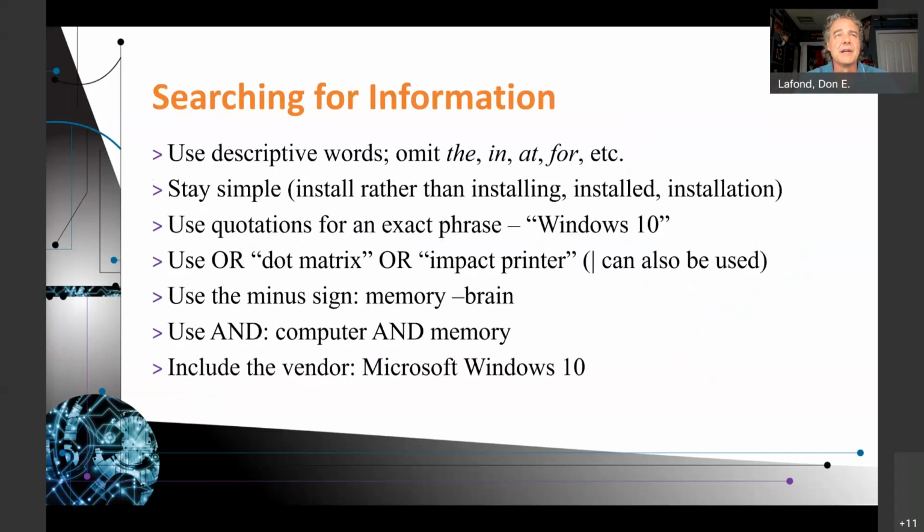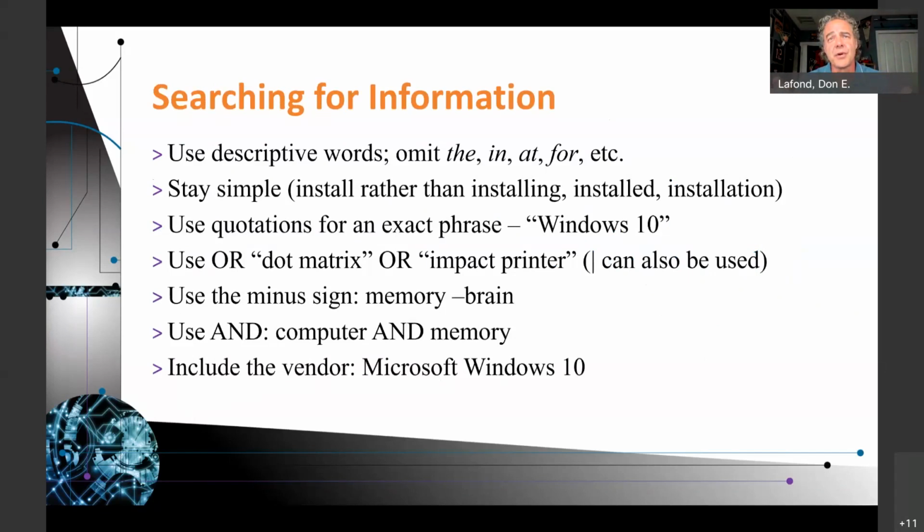So apply logic. Search for information. Use descriptive words when you search. Remember, you don't need the, and, at, for, just the key terms. Earlier, I did a search for M2 drives, right, to show my students how easy it is to find something. Stay simple. Instead of writing paragraphs, write individual keywords. And instead of using verbs, use nouns.